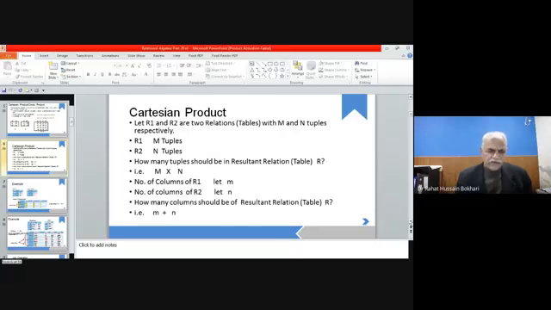On the other hand, if the number of columns of R1 is m and the number of columns of R2 is n, then the number of columns of the resultant table should be m plus n. This should be remembered when we do the Cartesian product. Further, we are doing the Cartesian product on two tables, and this is a binary operator.